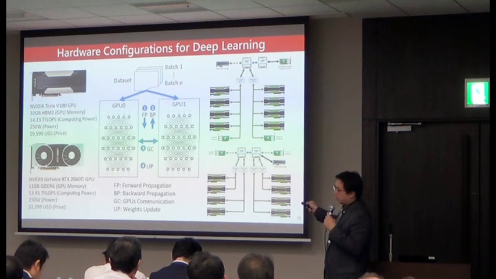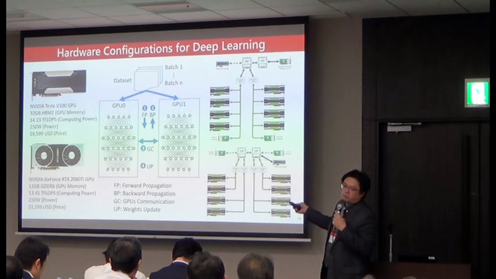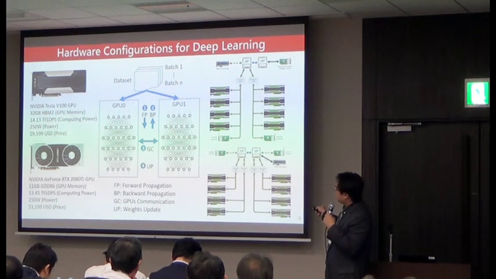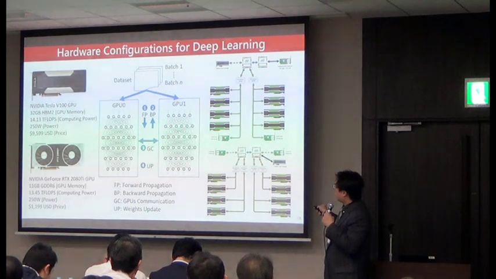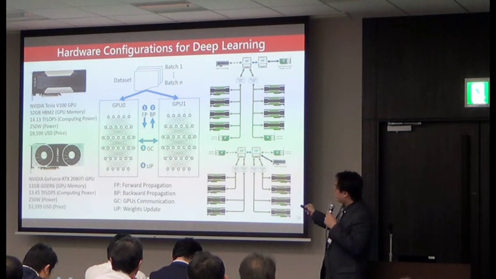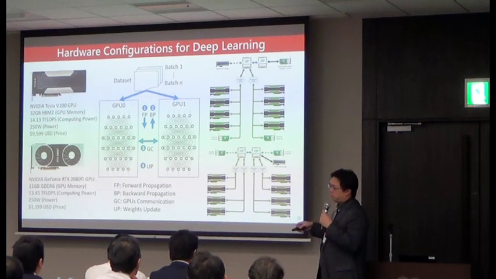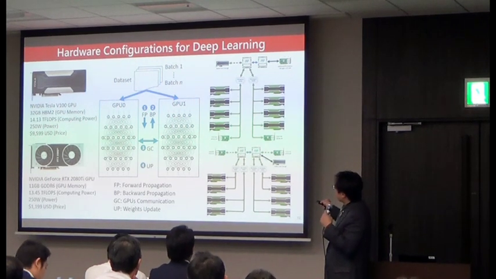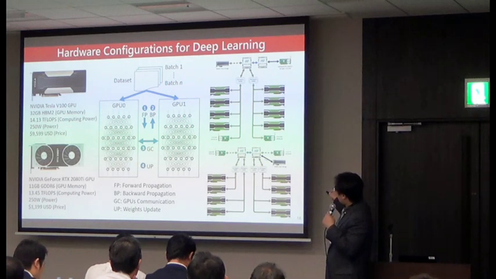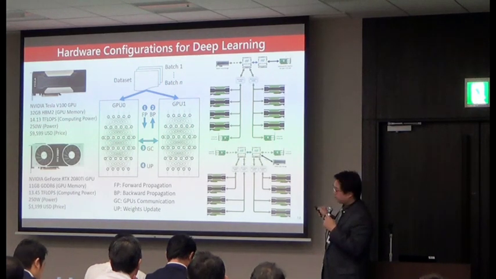GPU 0 only learns, for example, the first 10 images, and GPU 1 learns the next 10 images. But they have to communicate, we call it synchronization. So we want more GPUs for parallel computing. And each two among 8 GPUs have multiple GPU communication. So basically it's about data flow, so we have to take care of the PCI topology.